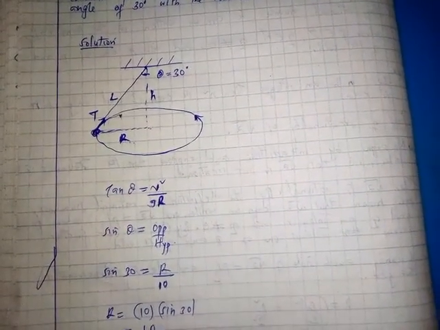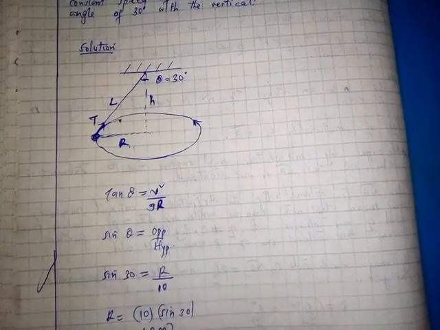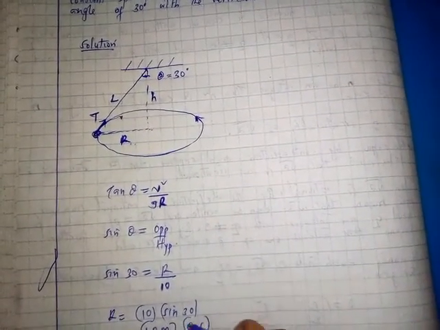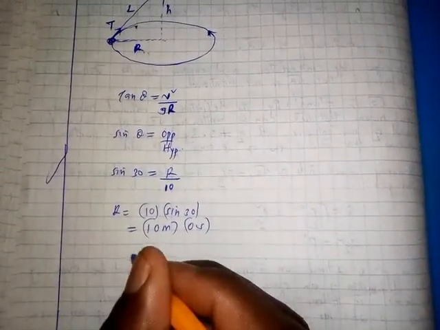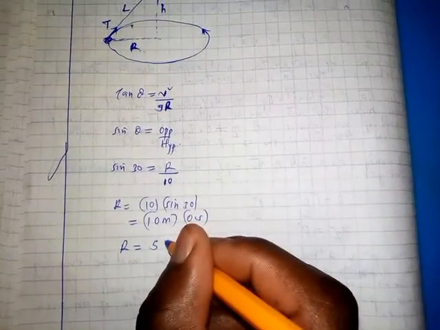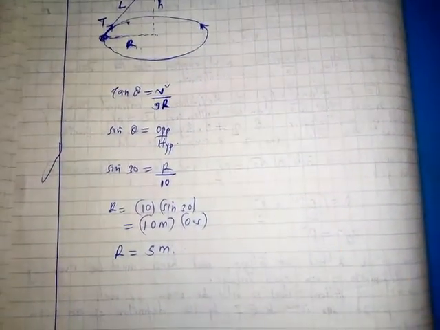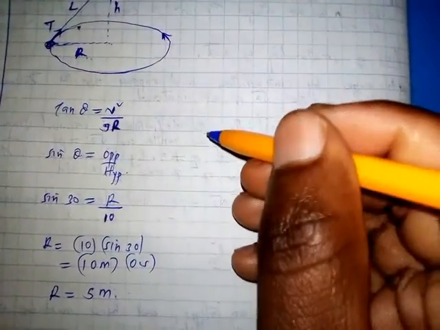This is the same as 10 meters times 0.5, since sine 30 is 0.5, so our r is 5 meters.